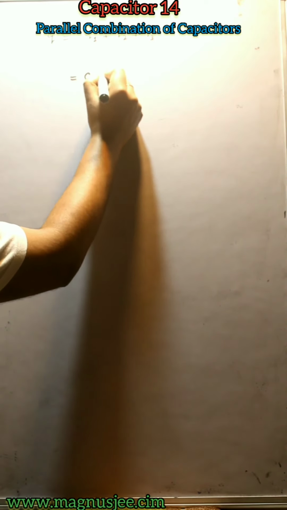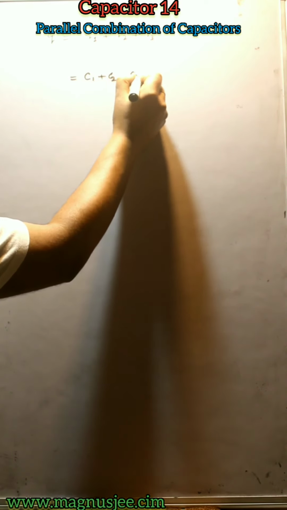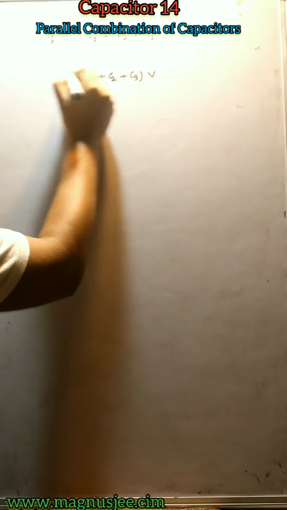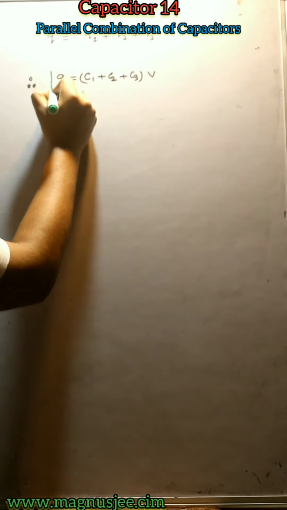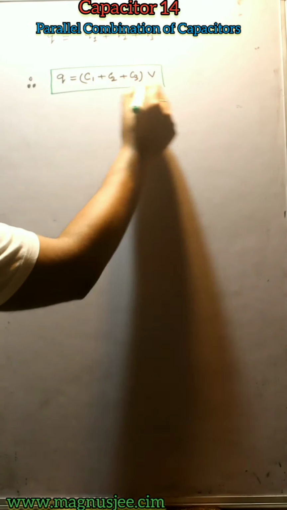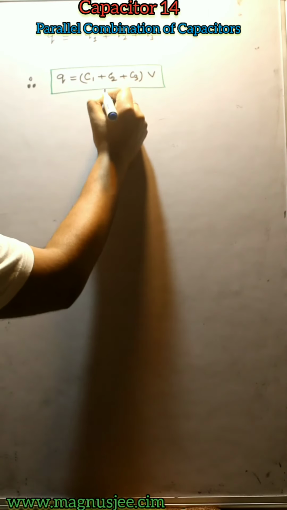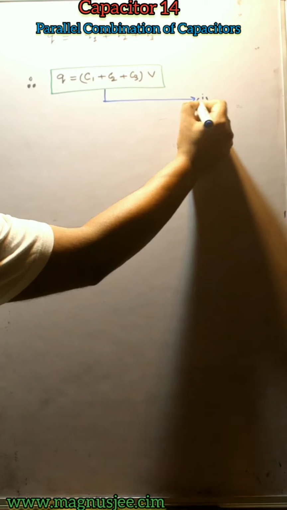Now putting the expressions of Q1, Q2, Q3, we get C1 plus C2 plus C3 bracket closed into V. So finally we get the expression of total charge Q as (C1 plus C2 plus C3) dot V. This is equation 1.